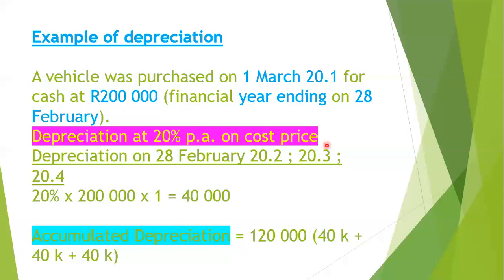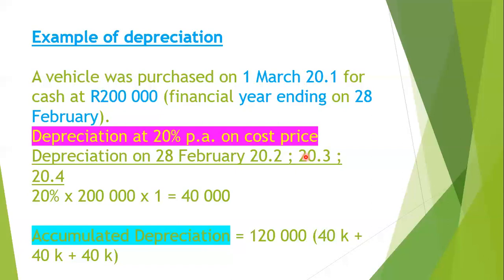So what do we do here? How do we calculate this depreciation? Okay, so for the different year ends, so depreciation as at the 28th of February 20.2, 20.3, and 20.4. Because this is the cost price method or the straight line method or the fixed method where the depreciation is fixed at a certain percentage every year, the depreciation is going to be the same for every year.